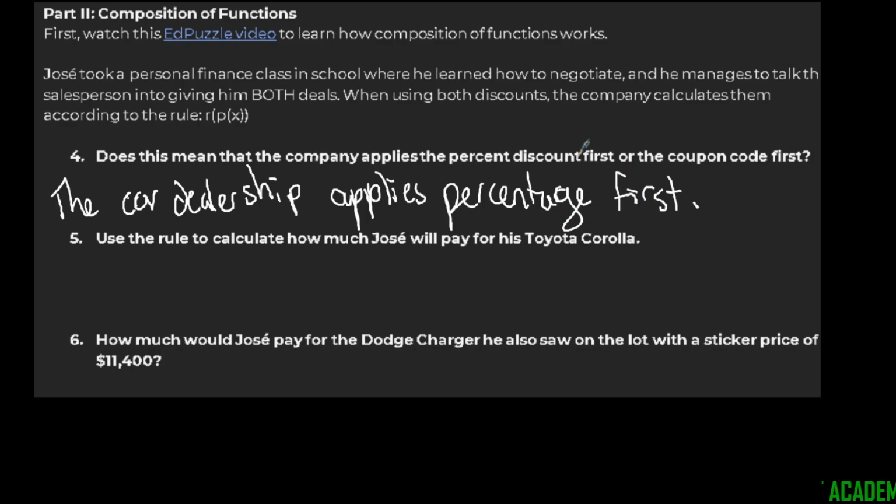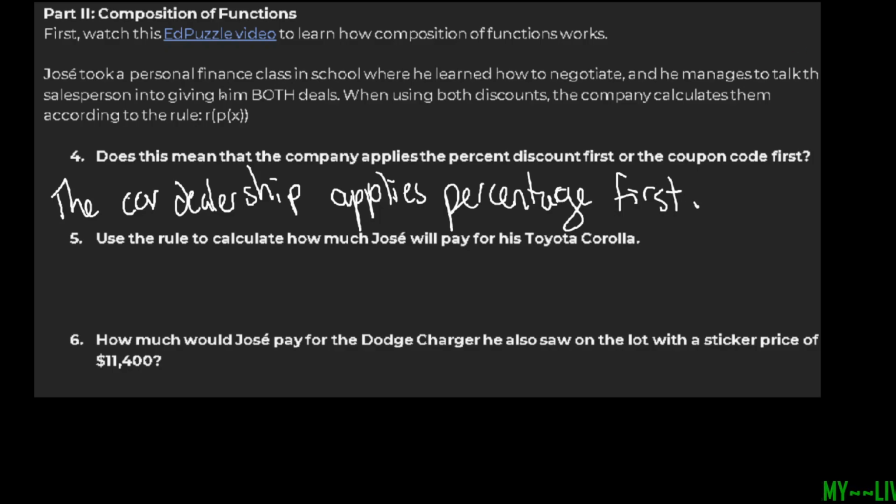And the reason I'm saying this is because if you look inside of the parentheses first, we notice that the P of X comes first, so we would have to calculate what the percentage discount is and then take that amount of the percentage.